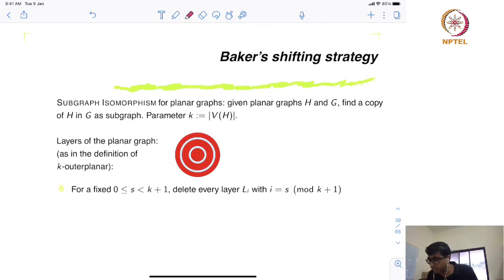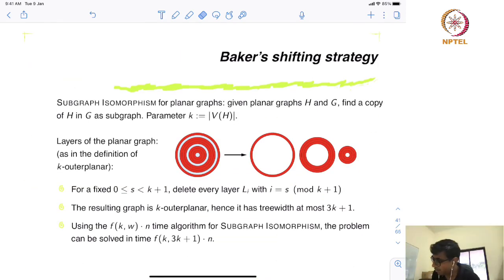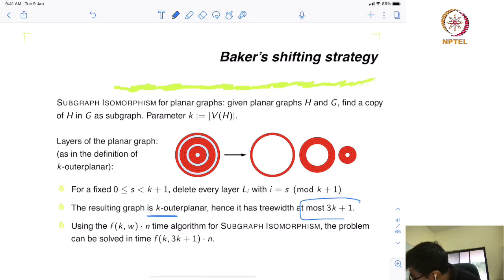What do you know about this? Whatever you see, you are deleting different things, and you will get all these pieces. Now, what you know is that every component is k outer planar, and it is known that if a planar graph is k outer planar, then its tree width is at most 3k plus 1.